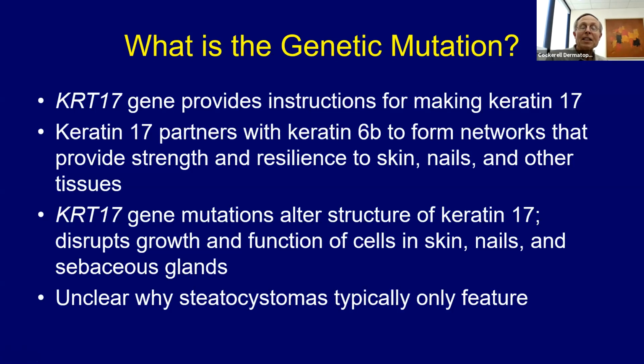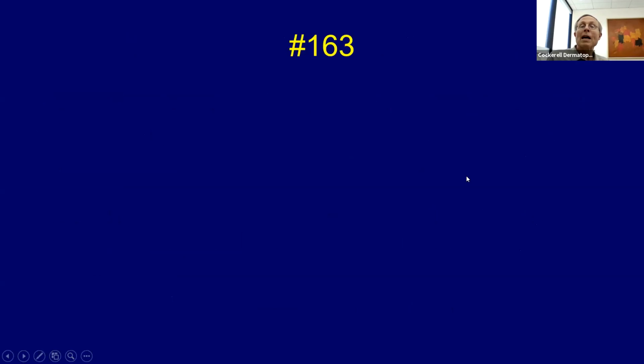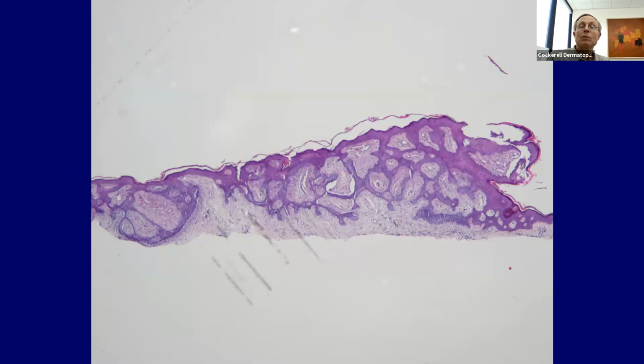So that's why these things may be associated with these other syndromes. So it's a keratin 17 gene that's associated with this. A little bit different gene than some of the others that we have to know about. So again, whenever there's a gene mutation, remember the keratin gene associated with a dermatology disease, you're likely to encounter it. So beware. If you want to get the question right, remember keratin 17 associated with steatocystoma.